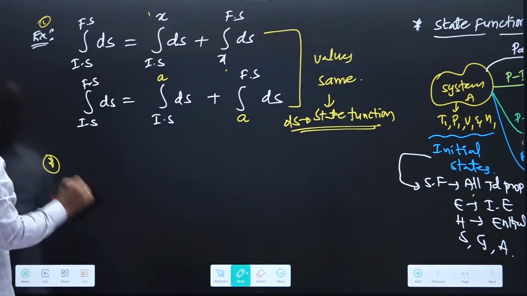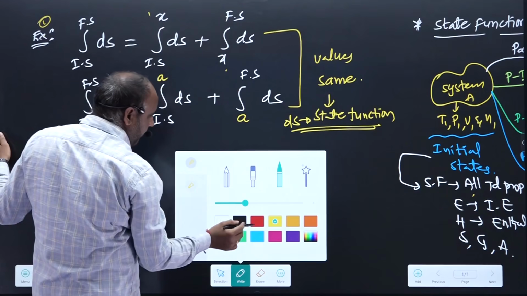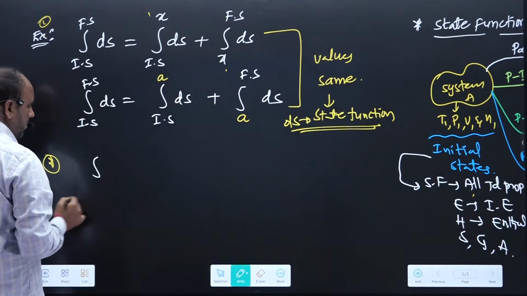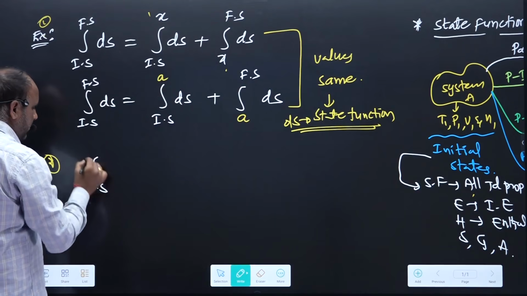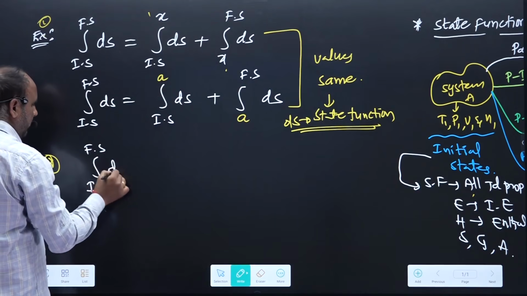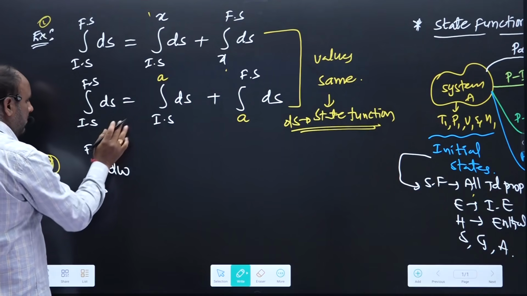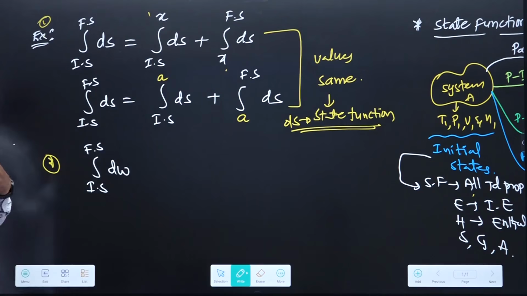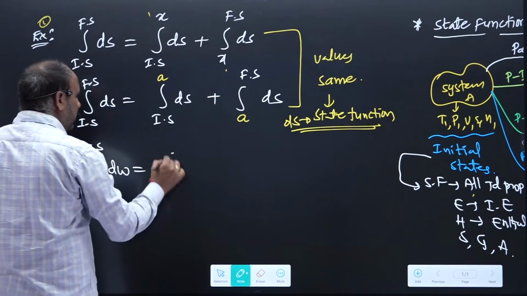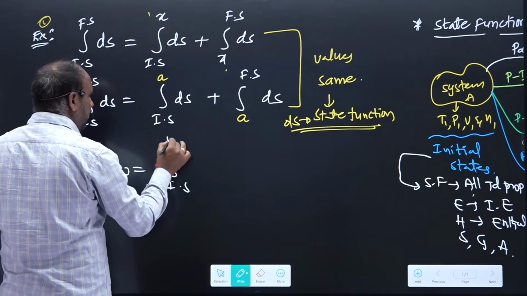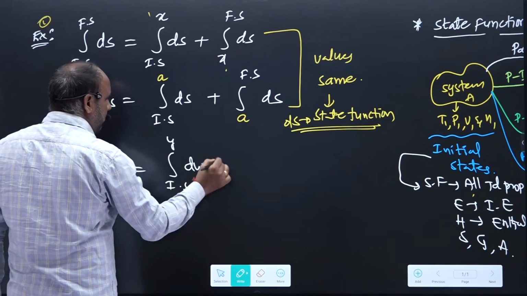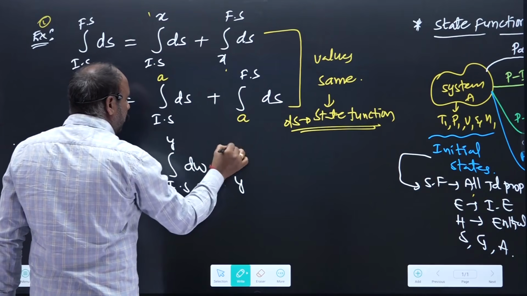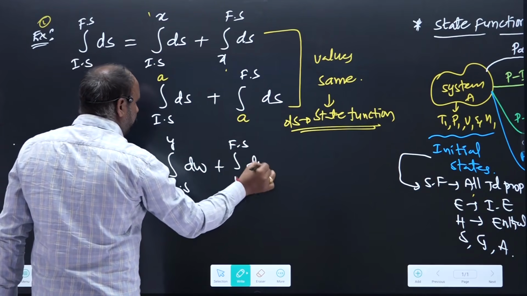Second category, the integral of initial state to final state of dw. What is meant by w? W is the work done. So we consider the initial state to y, dw, plus y state to final state of dw.